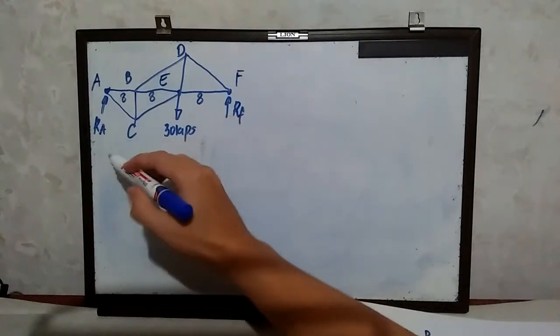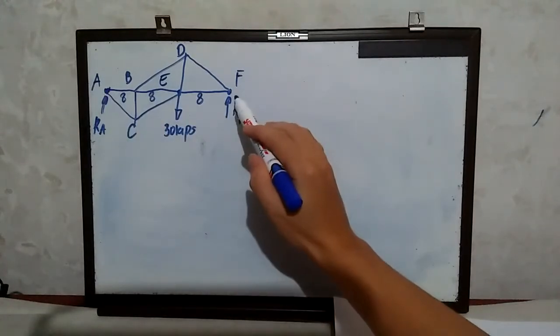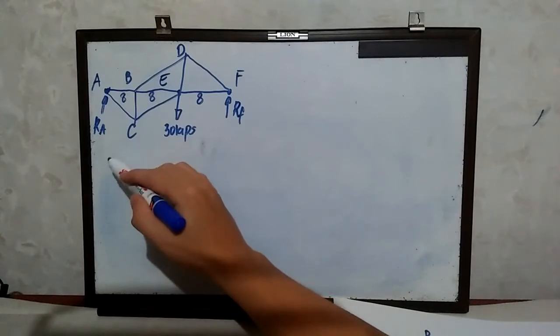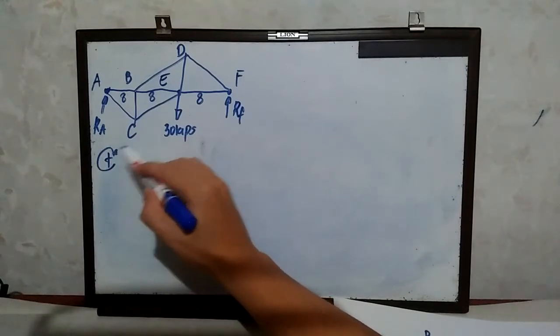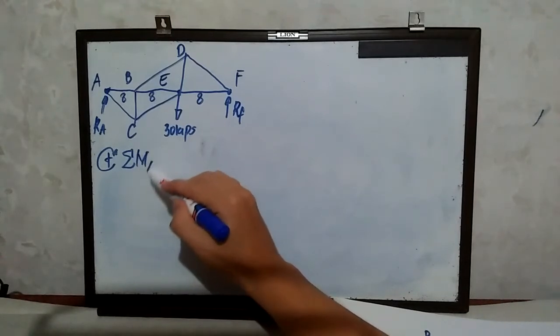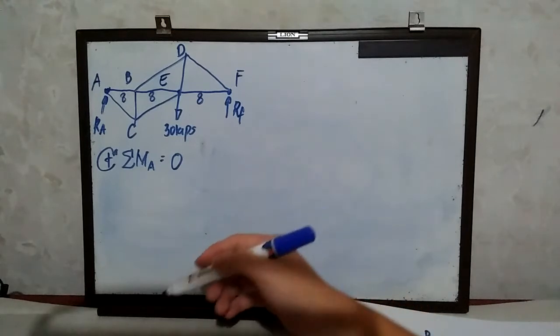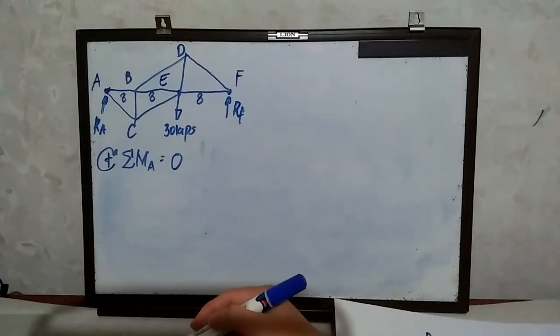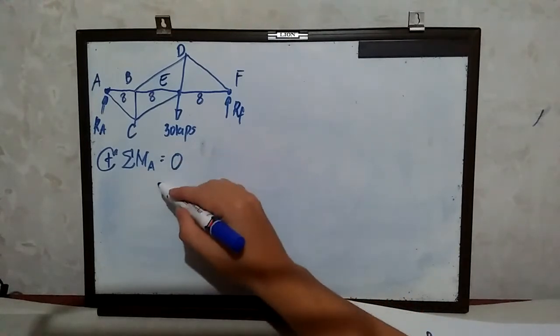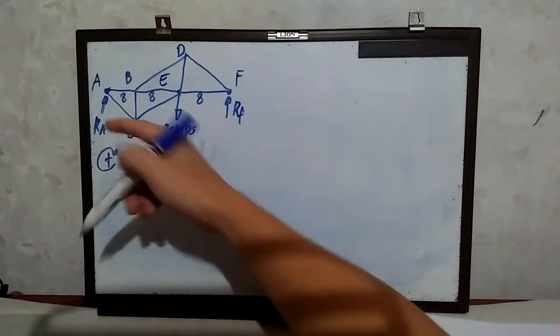So by doing that, let's try here at A, or if you want, you can also try here at F. So the summation of moments acting at point A, M sub A, is equal to 0, because all of the moments should be 0 so that our structure is static. This would be 0 because this is our pivot point.